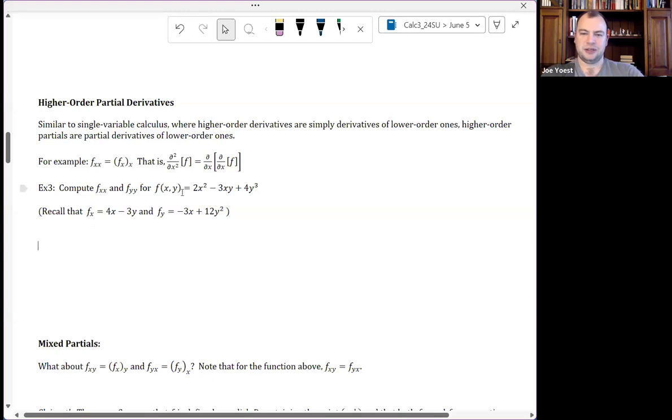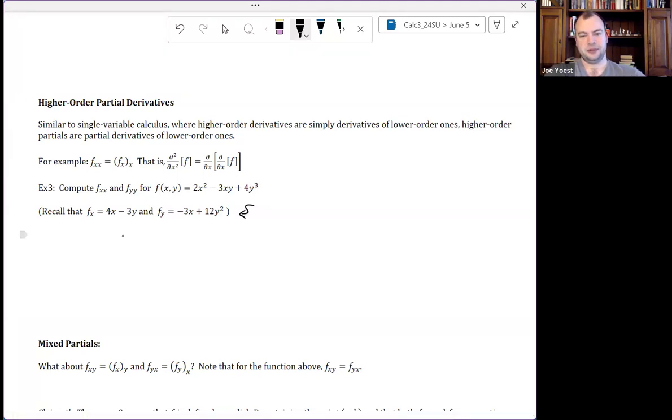So let's take a look at the function that we took first partials for earlier, well, actually last class, and then reviewed earlier. And let's find its two second partials, f sub xx and f sub yy. For convenience, I've just noted what we figured out the first partials were right here. So what's f sub xx?